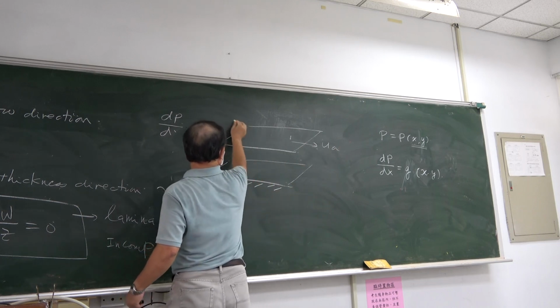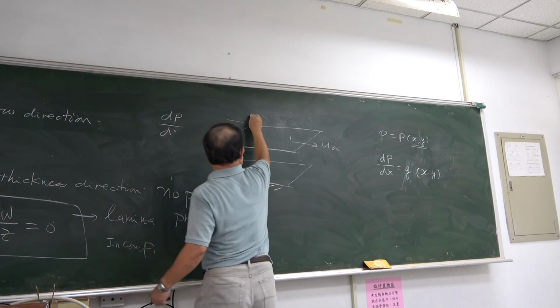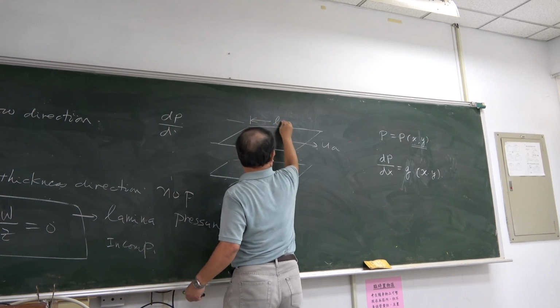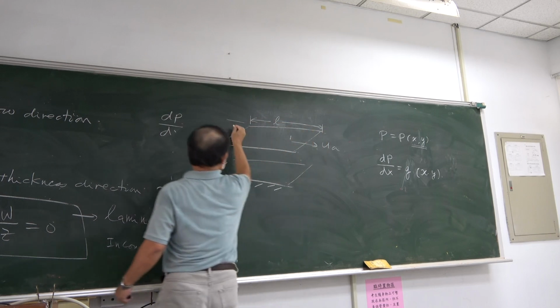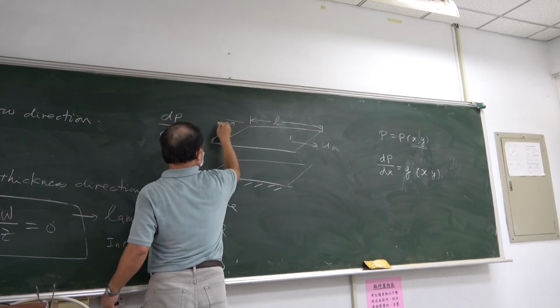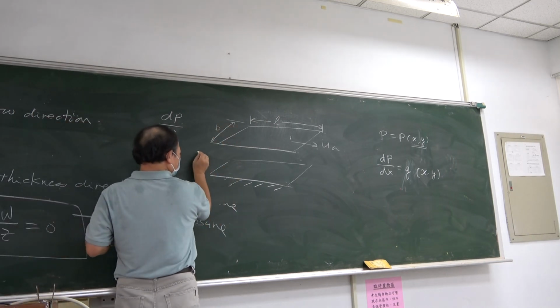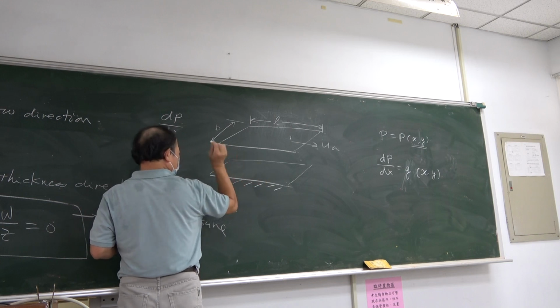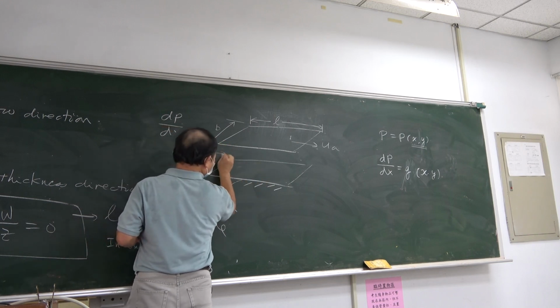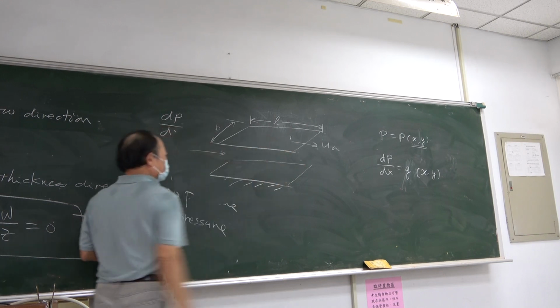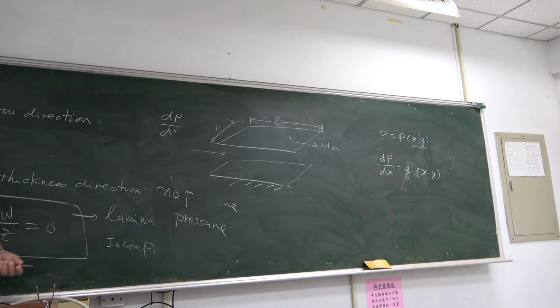And then we have the length, we call it L, and the width, we call it B. So in this case, the volume flow rate over the system can be evaluated.